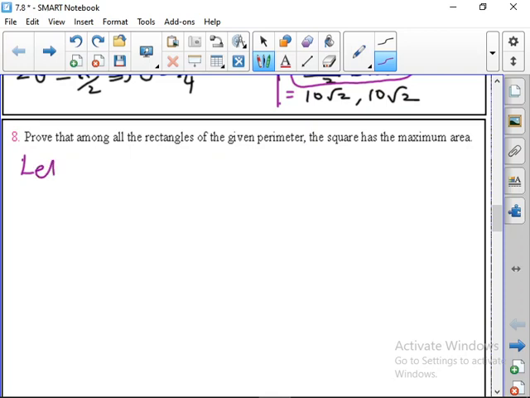So let x comma y be the dimensions. So what is given?